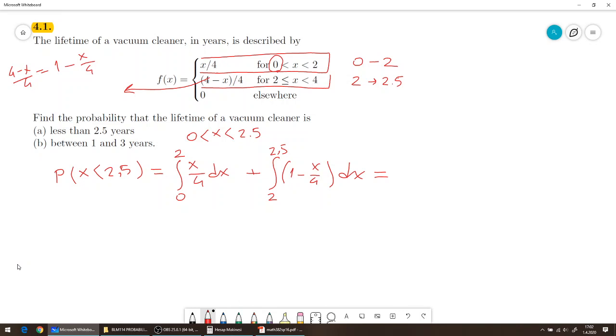The first one plus the second one. Let's integrate 1, it gives us x minus x squared over 8.